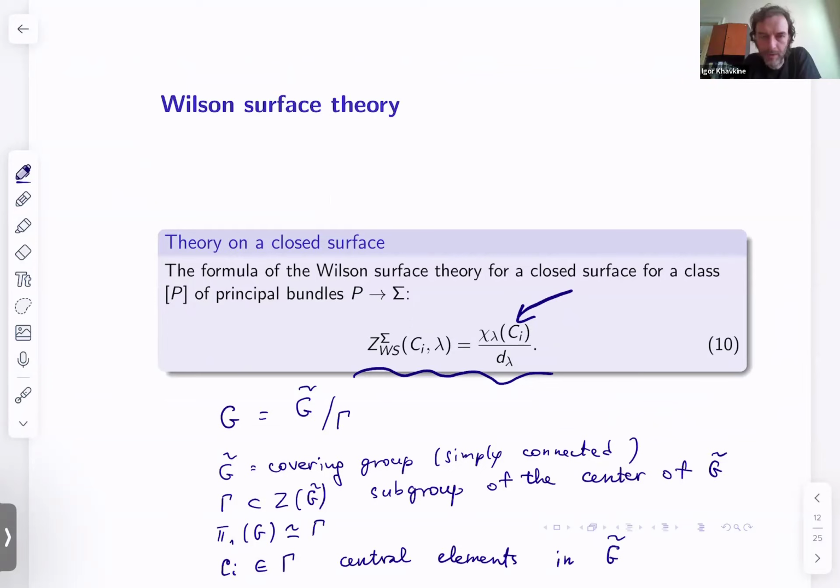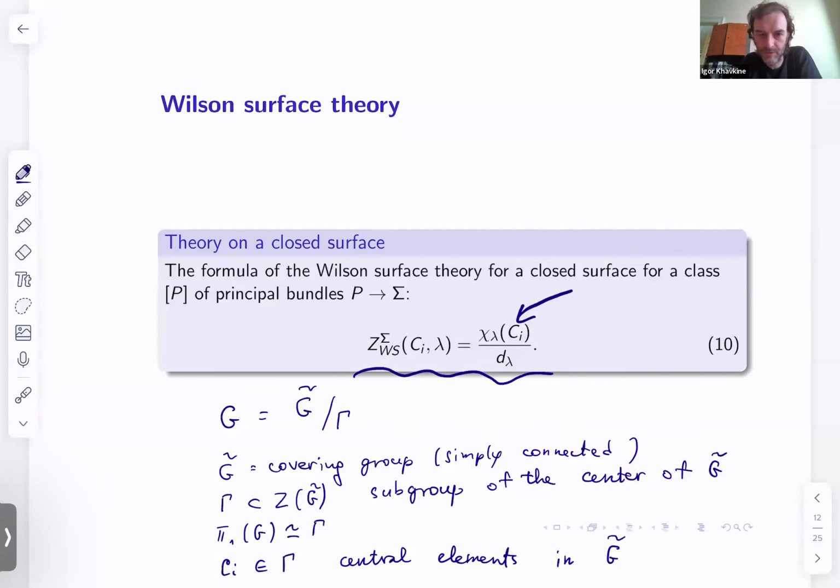Okay, so I just wanted to understand, how does this formula depend on the original gauge field A? Because in the one-dimensional Wilson line, it was obvious from that equation on the previous slide.